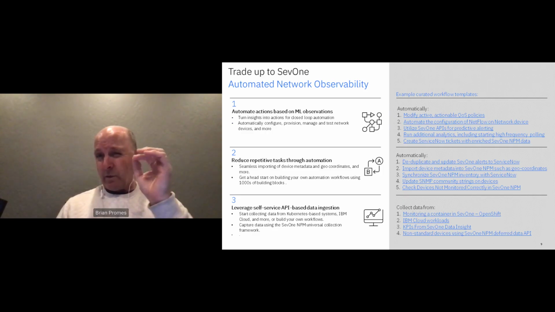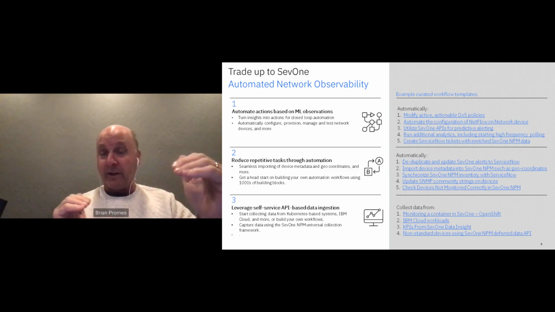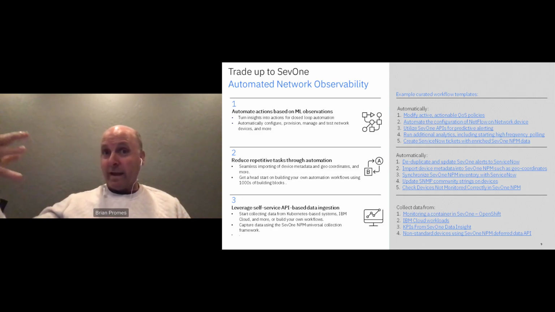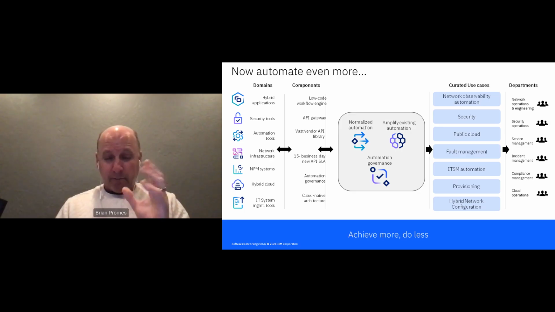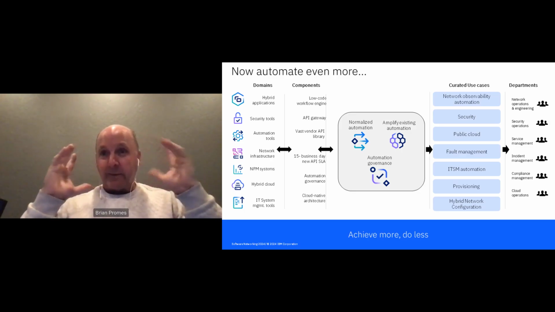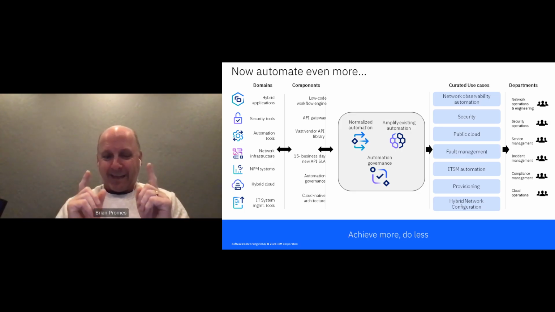Okay, so we've walked through some of the values of the data that can be automated based upon the insights you get with SevOne, helping reduce repetitive tasks, and the self-service data API integration. Now begin to think a little bigger, right? You can now automate even more.